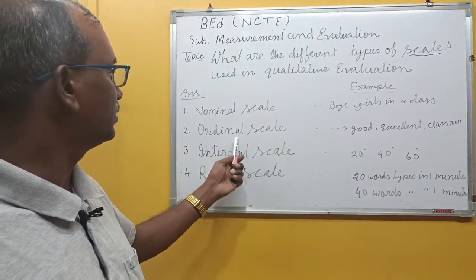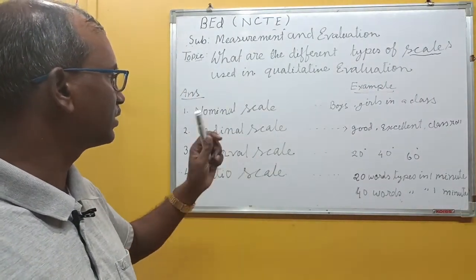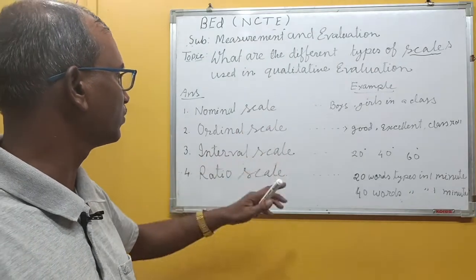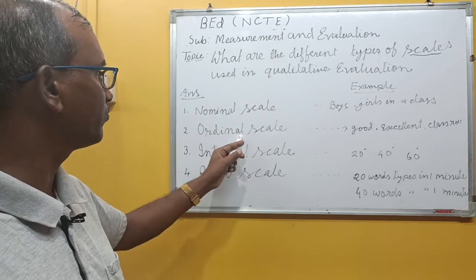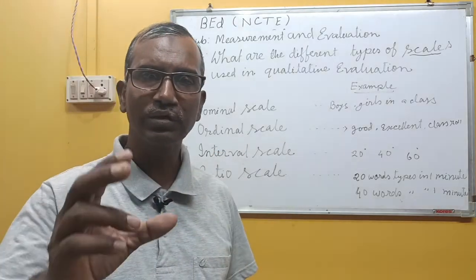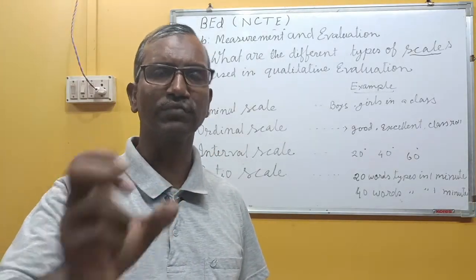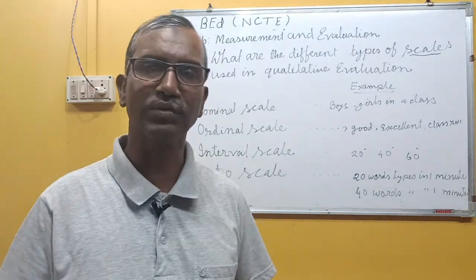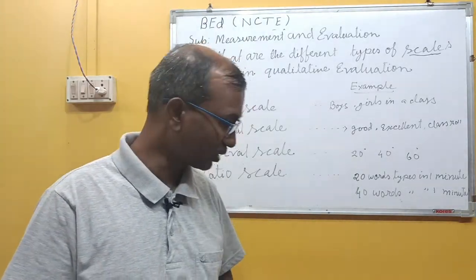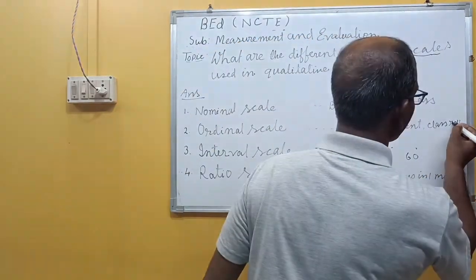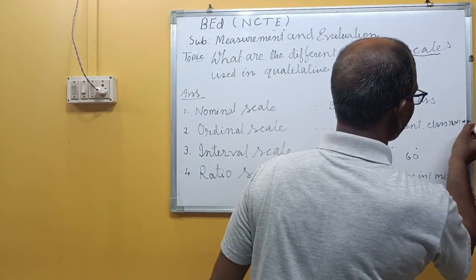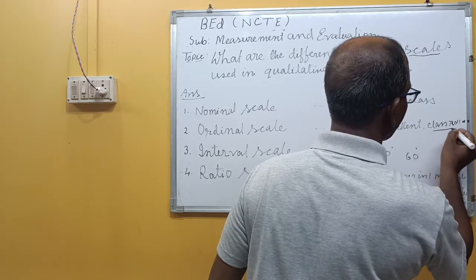Next, ordinal scale is to some extent clearer in comparison to nominal scale. How is it so, you see. In ordinal scale, we get certain definite information and definite ideas. For example, class roll number, as I have written here as one example. Let us see class roll number.